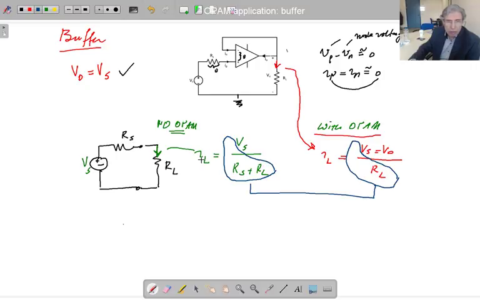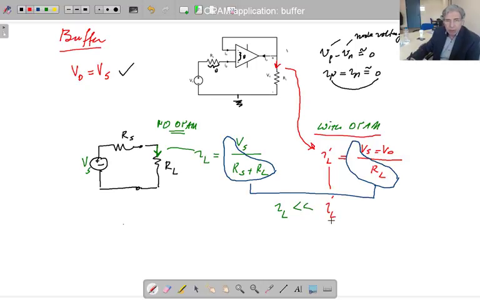So this current is smaller than this. That means the IL that I have is smaller than this IL, let's say IL prime.